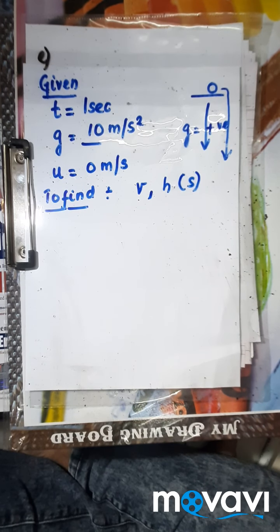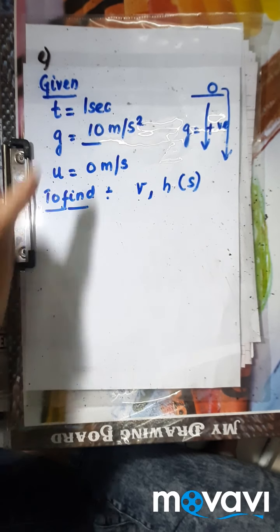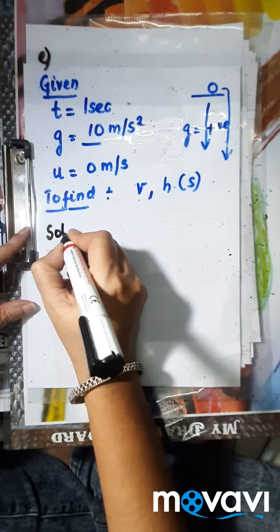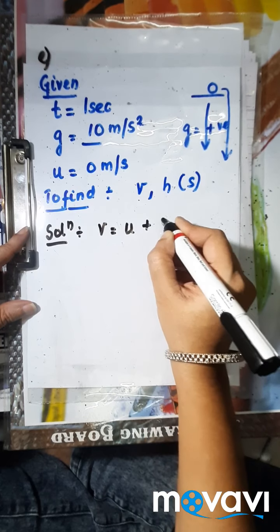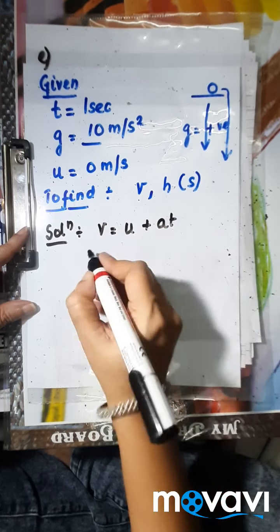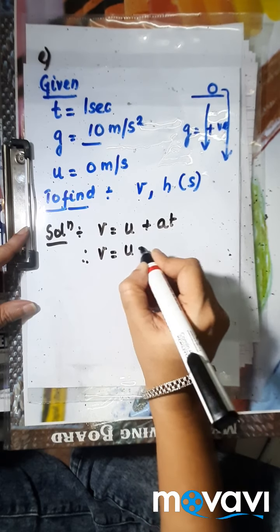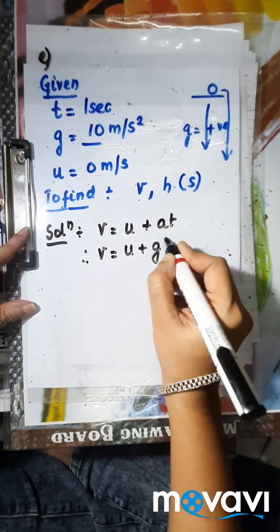Now which formula will I use? I will use my simple formula because I have t. So I will say solution: v is equal to u plus at. Now my a, I told you I like to write this extra thing, so v is equal to u plus gt.